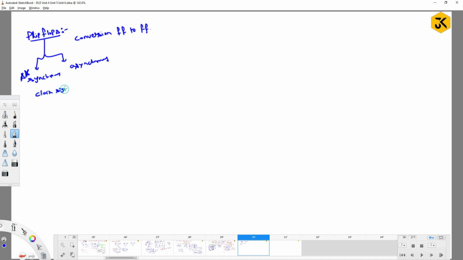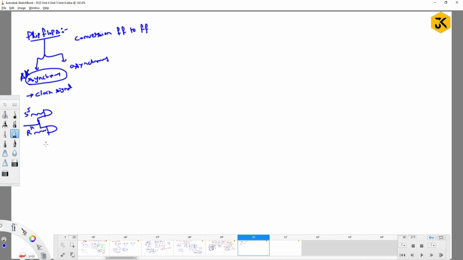Whatever input you pass for SR, JK, D or T flip-flops, they are controlled through a simple clock signal, meaning that all inputs are controlled synchronously. So we call them synchronous flip-flops.